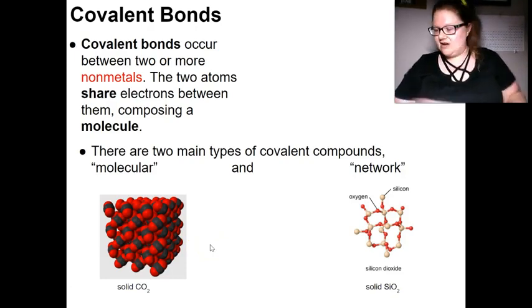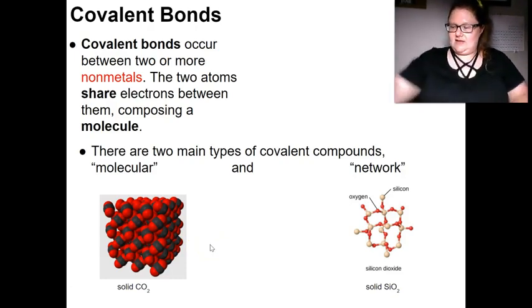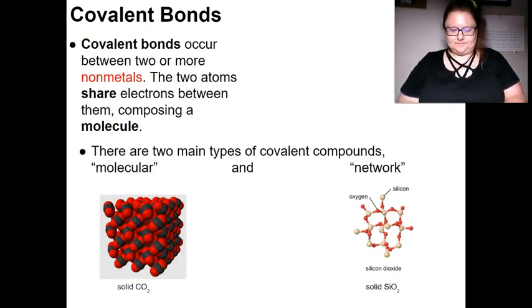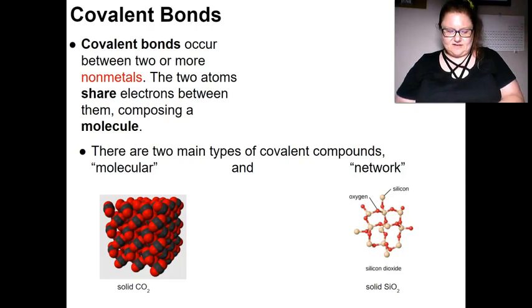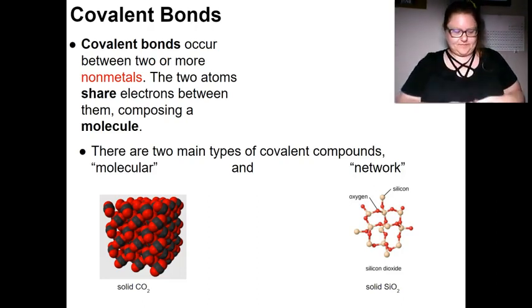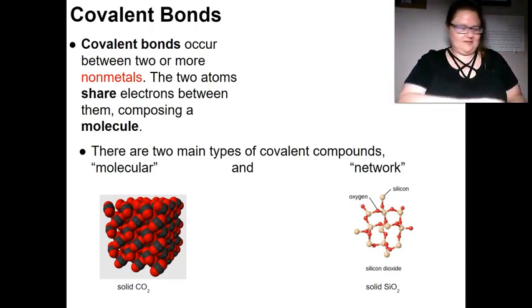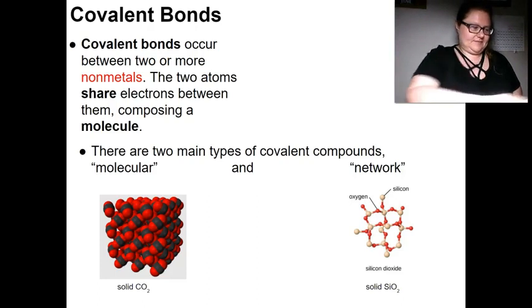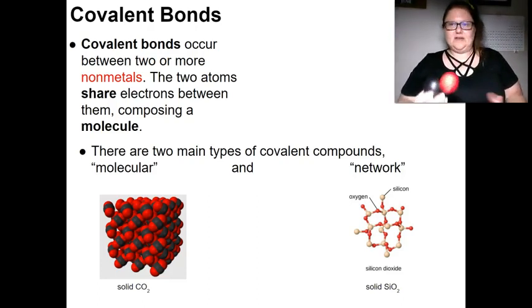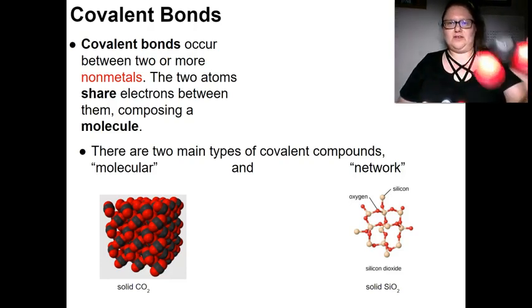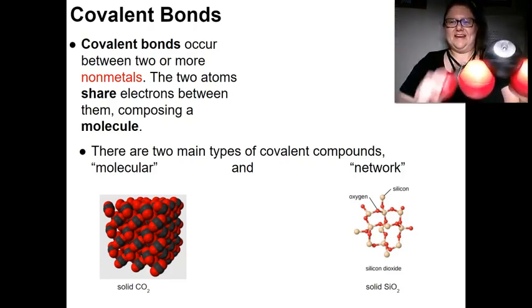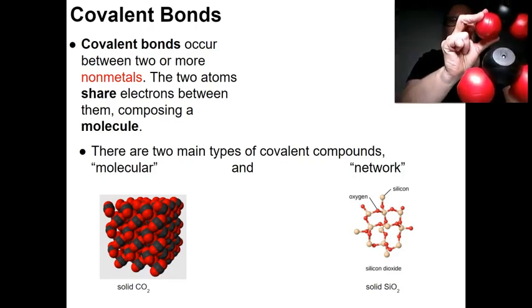And when carbon dioxide is a molecule and a solid, it makes dry ice. So I'm just building a couple here. Okay. So I have one carbon dioxide molecule right here, and I have a second one here.